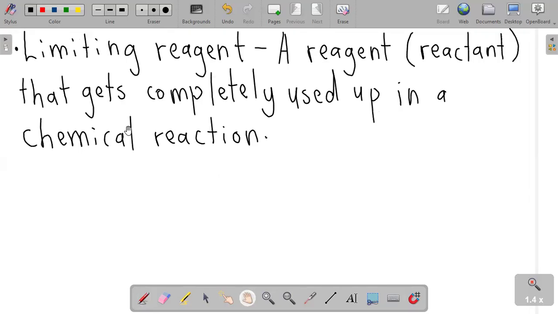So what happens is that when there is a chemical reaction, the limiting reagent is the reactant that gets finished first. So it's the one that limits the reaction.